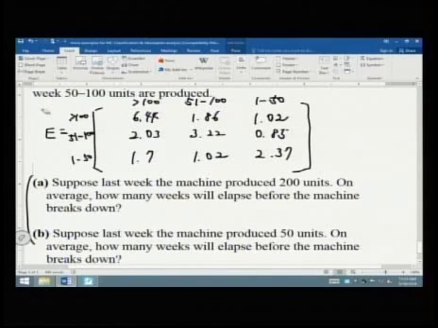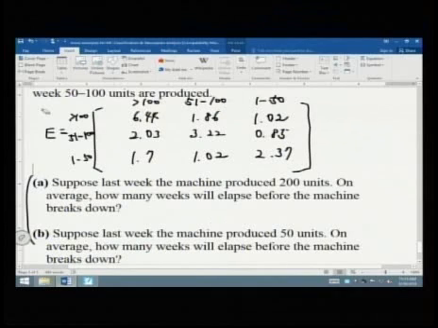Okay, so since this is correct, use this matrix E. Let's answer these two questions. First question, A: suppose last week the machine produced 200 units. On average, how many weeks will elapse before the machine breaks down?